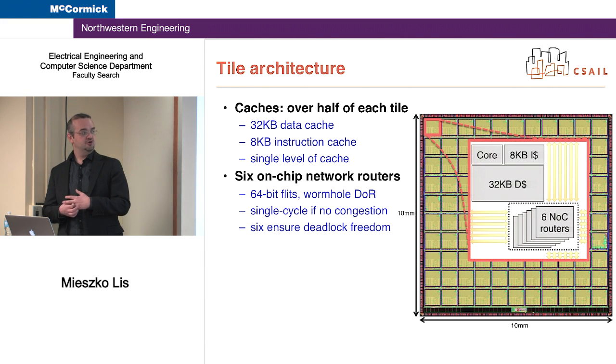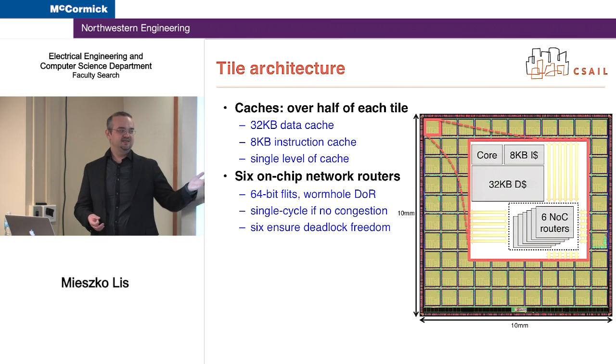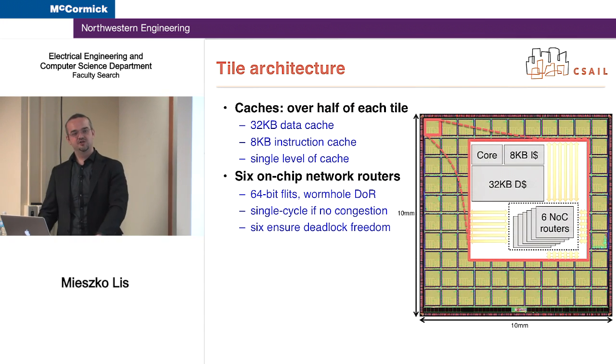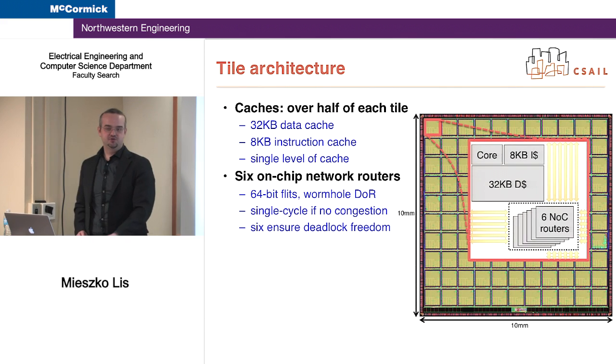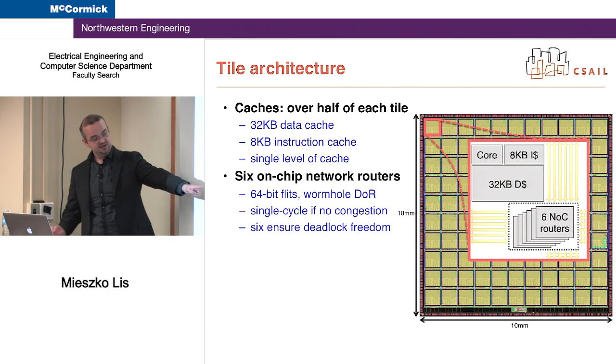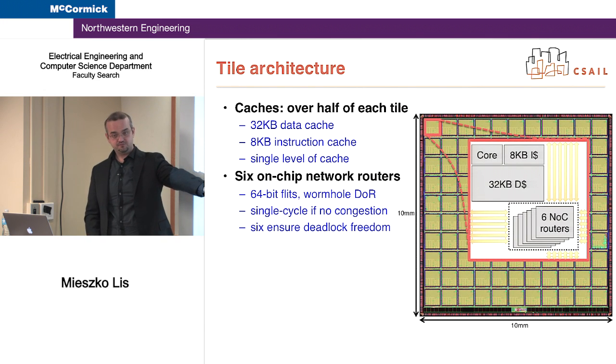There are 6 on-chip network routers. We could have easily gotten away with 4. But these routers are so small compared to the rest of the tile that it was just simpler to put 2 more routers on the chip. And because the interconnect is neighbor to neighbor, it's a mesh.